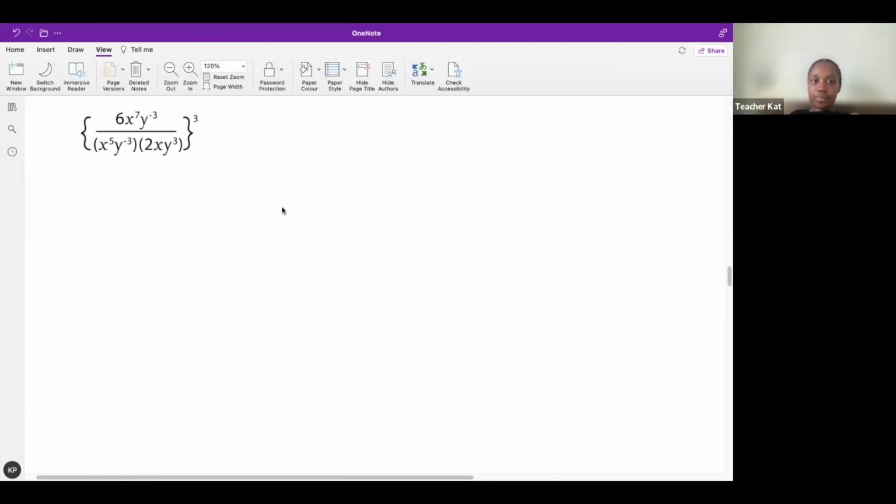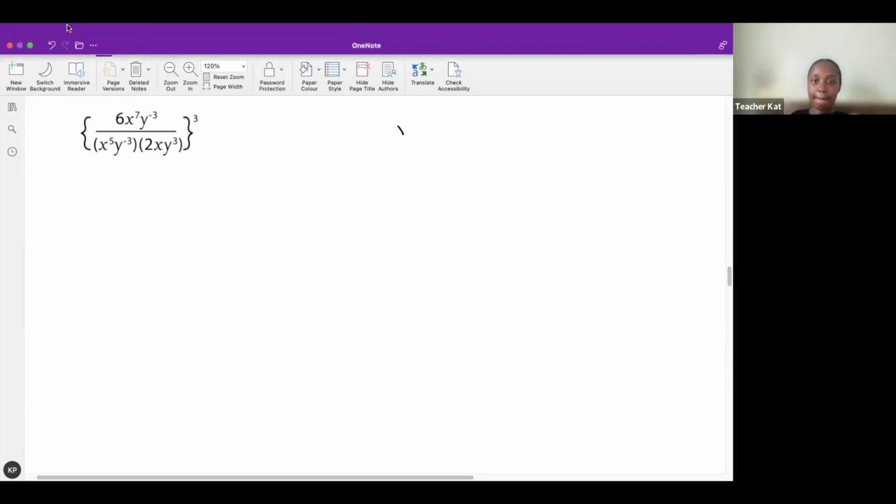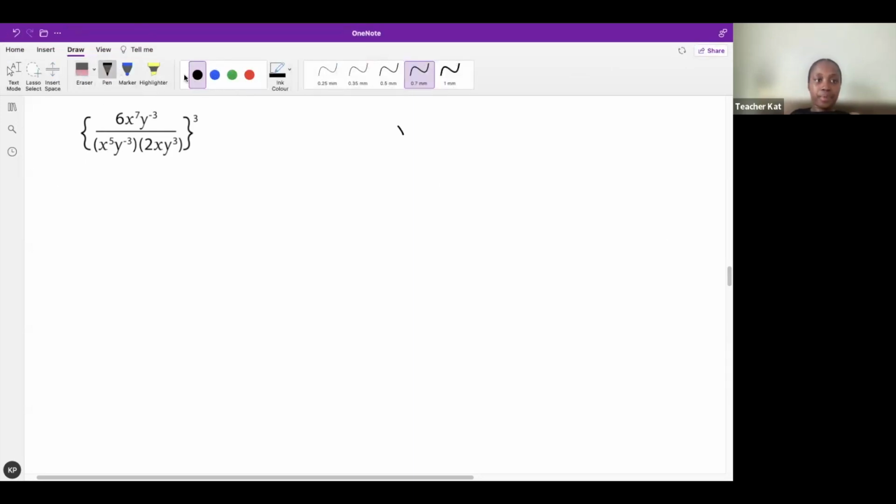Now we still have a distribution, but it's all the way on the outside. So instead of starting with distribution here, where would we start? Our very first rule for BODMAS is brackets. Do we have something inside my brackets that we can simplify? We're looking inside the bracket.